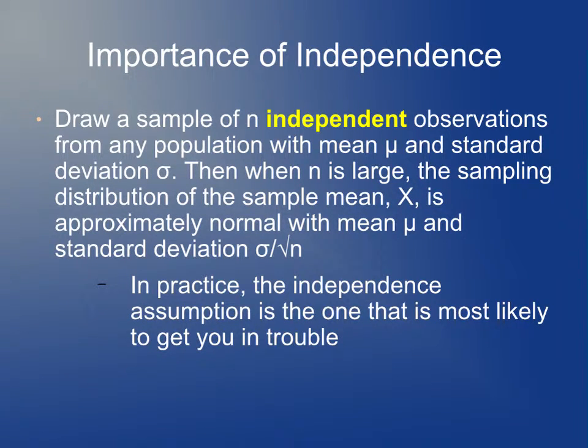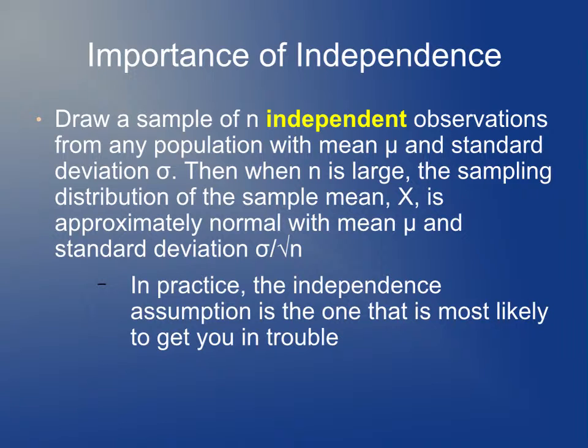Another important thing to keep in mind from the statement of the central limit theorem is these n observations have to be independent. If there's a correlation between the different observations you draw, you are dead in the water.